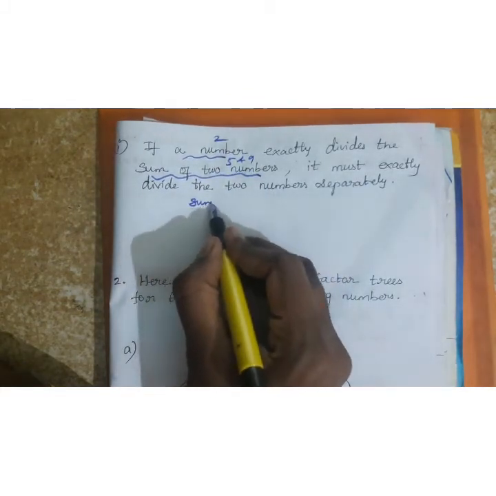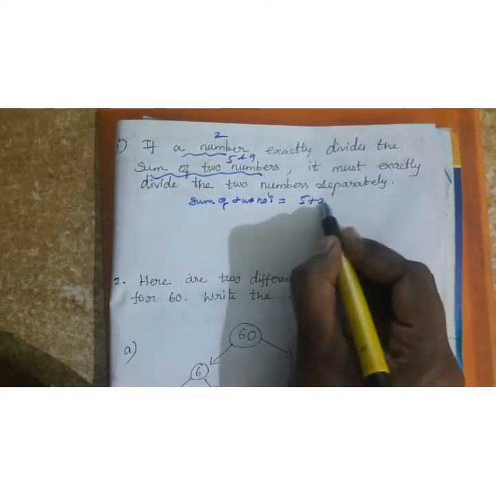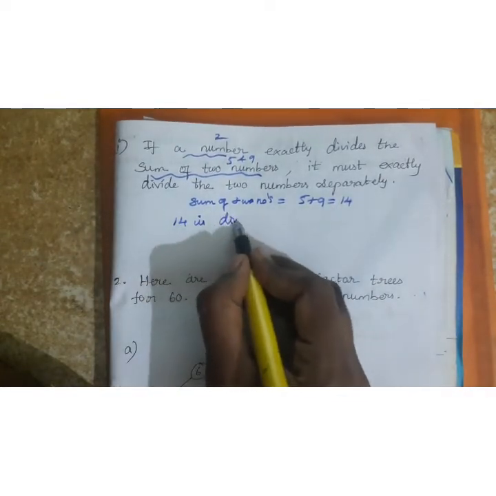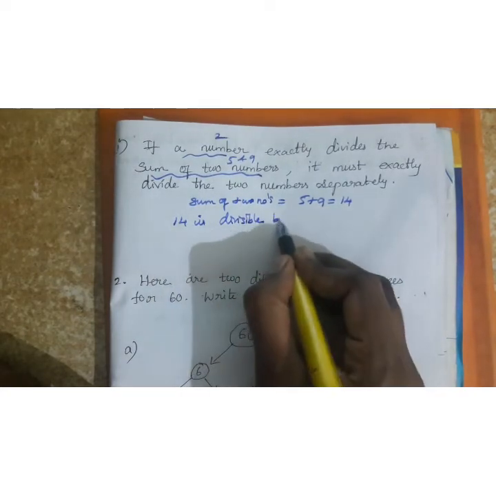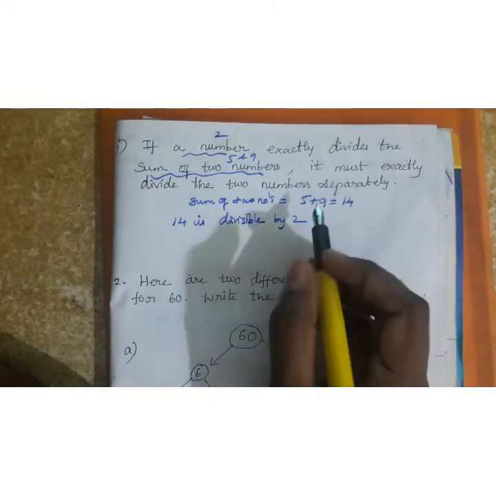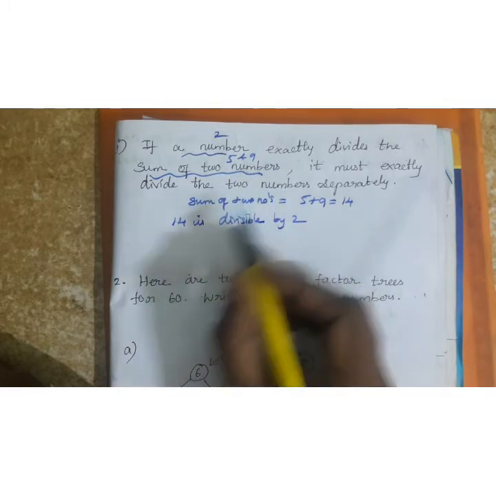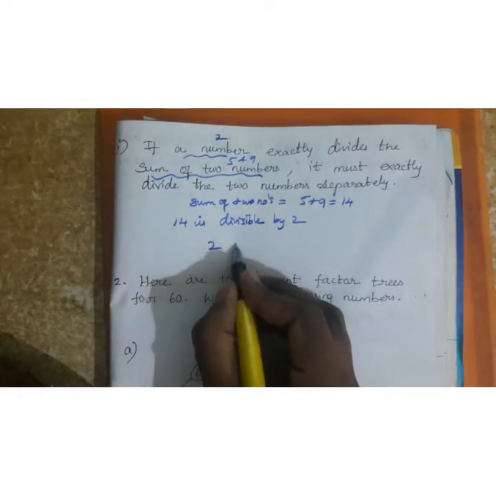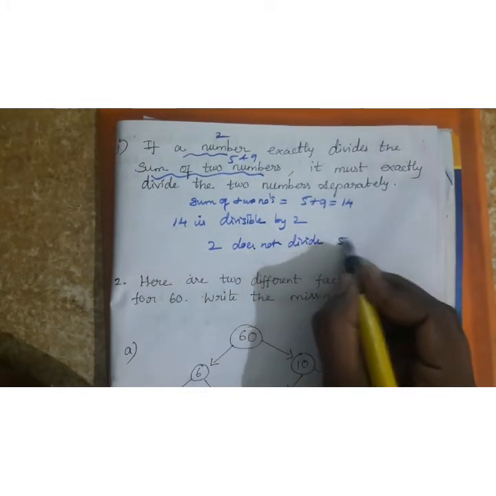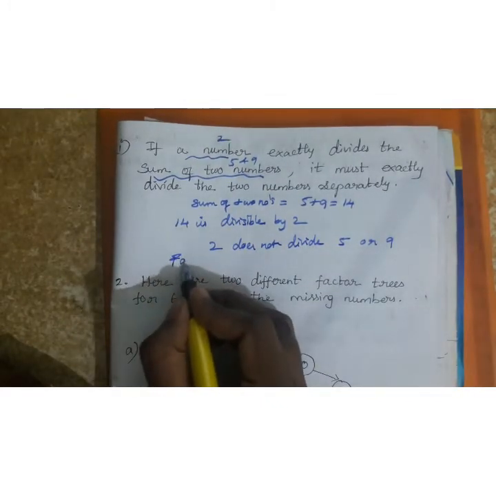So the sum is 5 plus 9 equal to 14. 14 is divisible by 2, but 2 does not divide 5 or 9. So the statement is false.